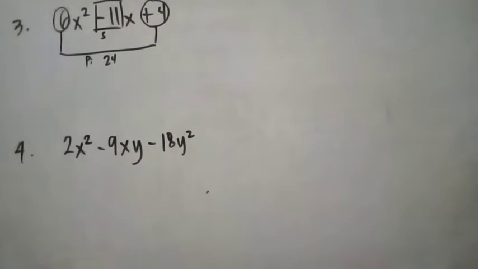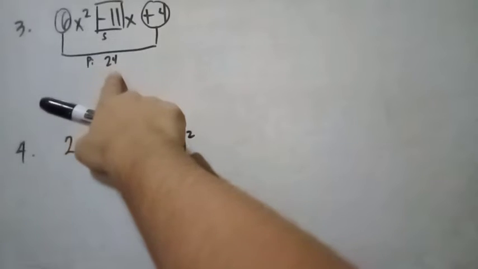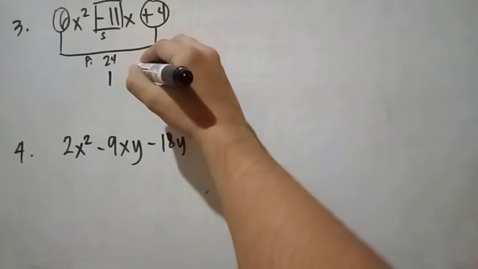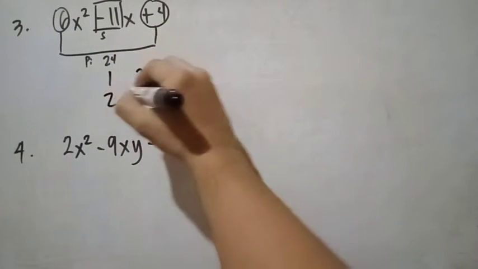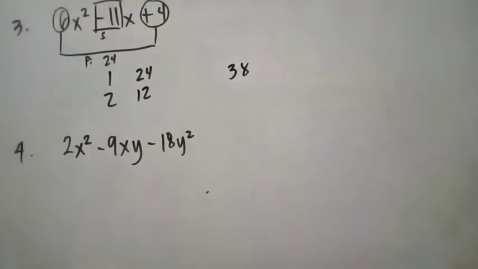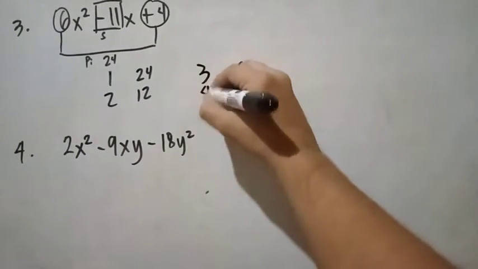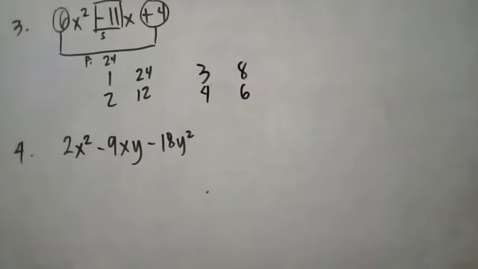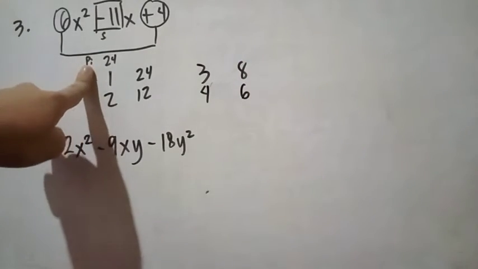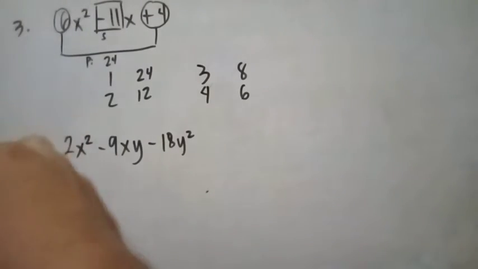Tapos, kukunin natin yung dalawang numbers. Kunin muna natin yung factors ng 24. We have 1 and 24, 2 and 12, 3 and 8, and 4 and 6. Since yung product is positive, dapat pareho yung sign nila ng pairs of numbers.